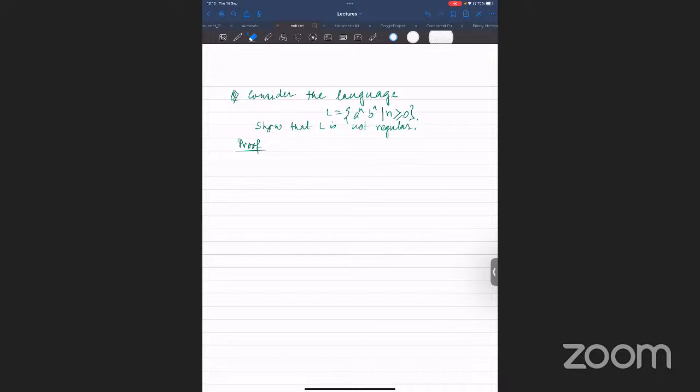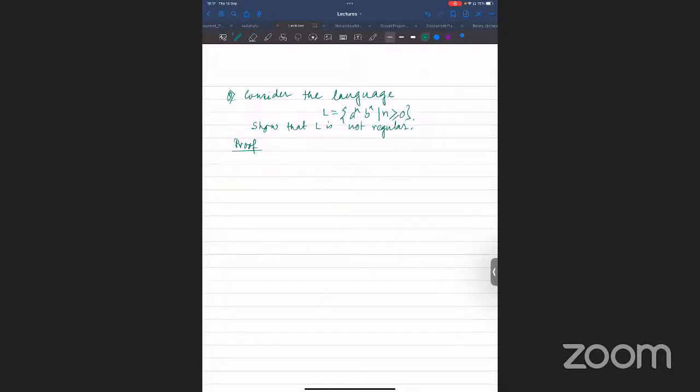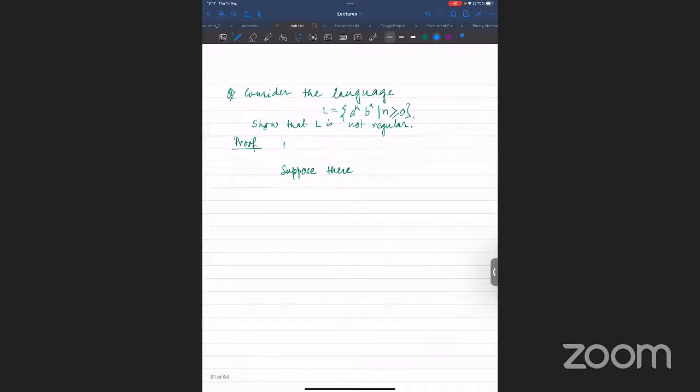Considers strings of the form a to the power i. Okay. So could you repeat? So you are saying, suppose there is a DFA. Okay, so you are proving by contradiction, first of all, right? So you're talking about proof by contradiction.